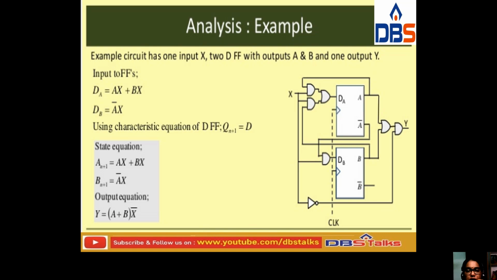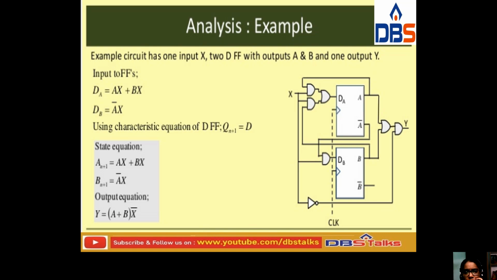So in this example, if you observe this circuit, we have two flip-flops. Here we are going to provide this input x. By taking the input x, the AND operation is performed here, and we already know that we perform the addition operation by taking this input here.